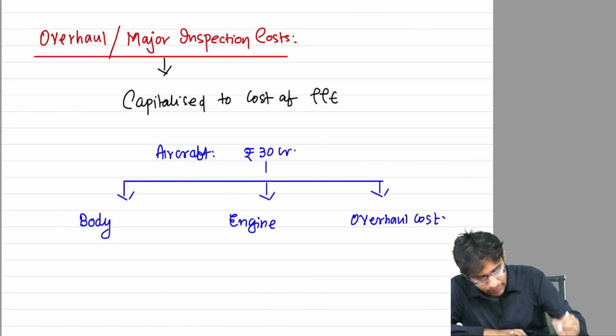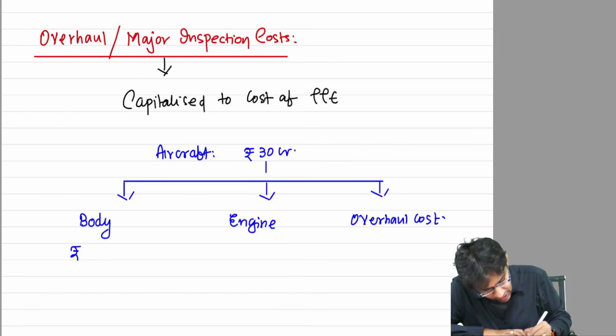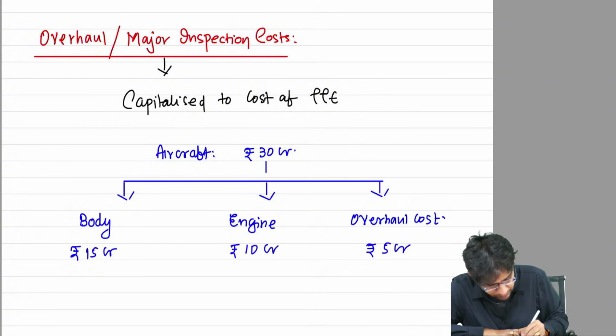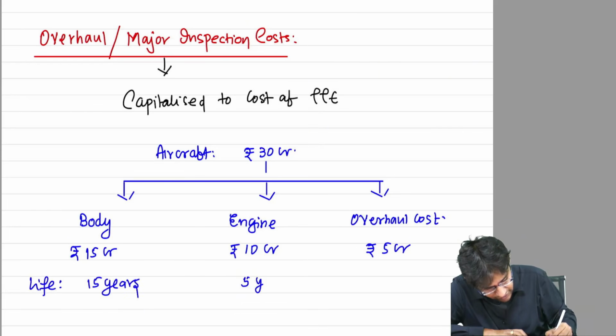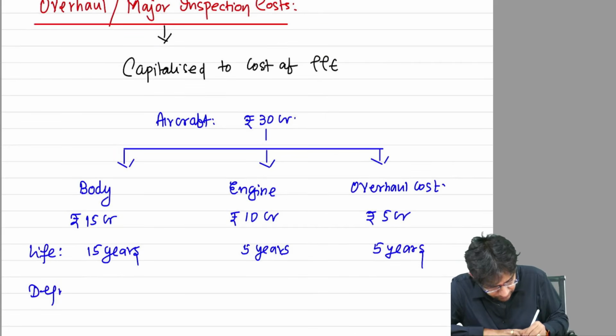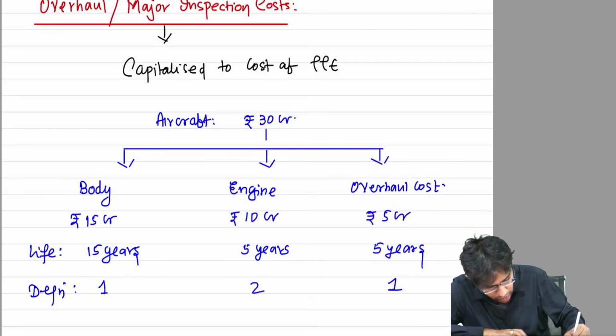Now, let's say my 3 parts are 15 crores, engine cost is 10C, and this is 5 crores. Now coming to the life, for convenience I am assuming 15 years here, 5 years here, and 5 years here, which means the depreciation will be 1 crore, 2 crore and 1 crore.